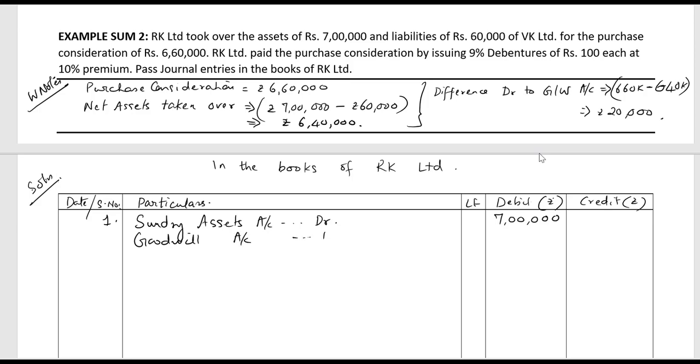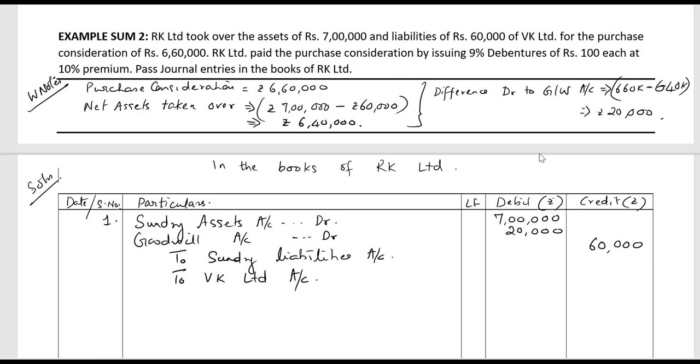Goodwill account debit 20,000 rupees to sundry liabilities account. 60,000 rupees worth sundry liabilities taken over, and to the name of the vendor, VK Limited account, for the amount of the purchase consideration, which is 6,60,000.